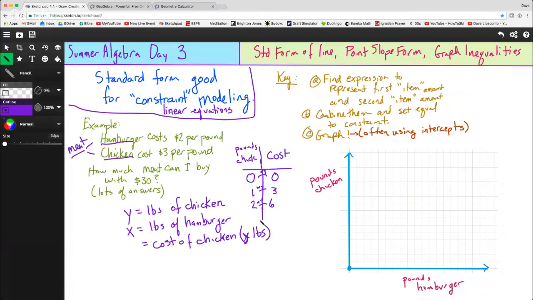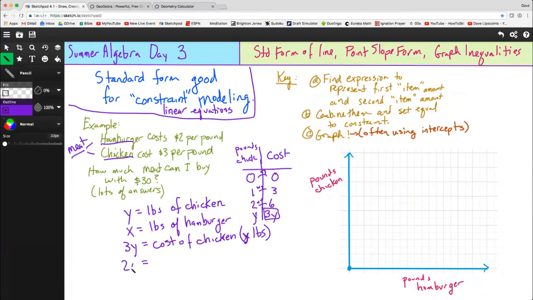So if I have y pounds of chicken, y times 3 is 3y. That's my cost, the cost of y pounds of chicken. If I tell you y is 1, you'll tell me 3. If y is 3, you'll tell me 9. If y is 10, you'll tell me 30.